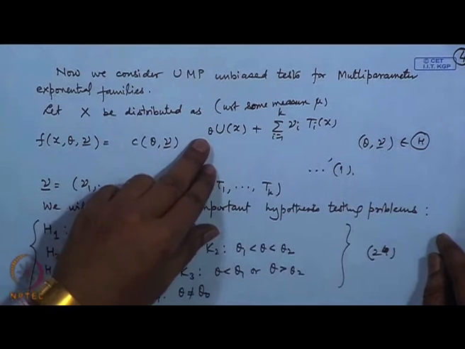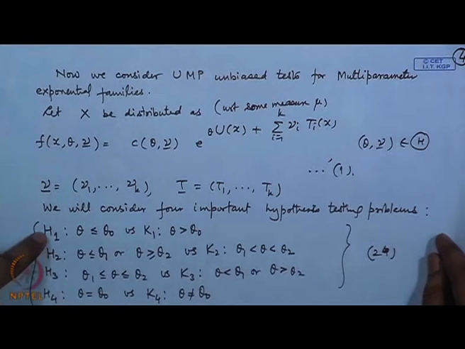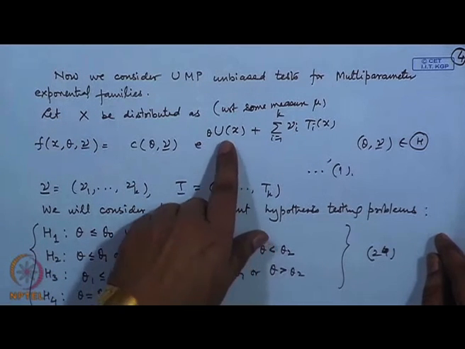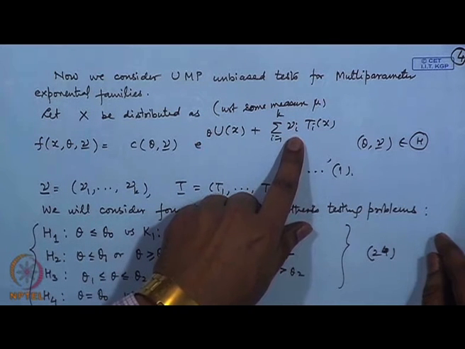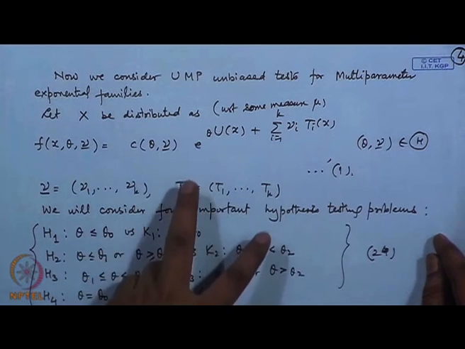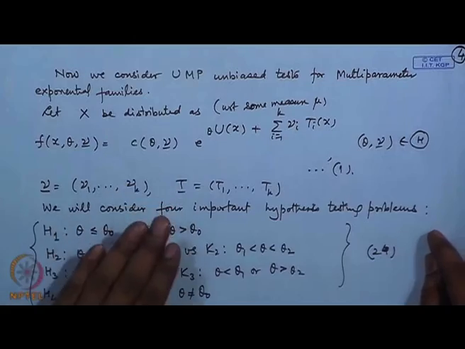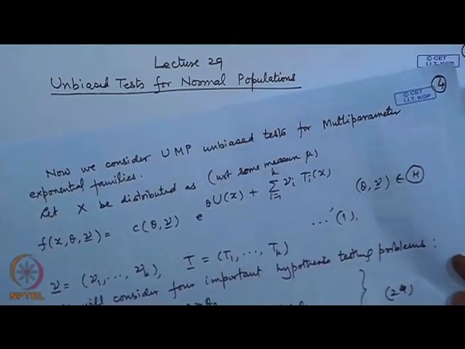Here we were able to derive the UMP unbiased test for 4 types of hypotheses, H1, H2, H3, H4 versus K1, K2, K3, K4 respectively for theta, and here nu 1, nu 2, ..., nu k were considered as the nuisance parameters. Of course, we had considered that the parameter space is k plus 1 dimensional and convex also. A peculiar nature of these tests was that these tests were conditional.